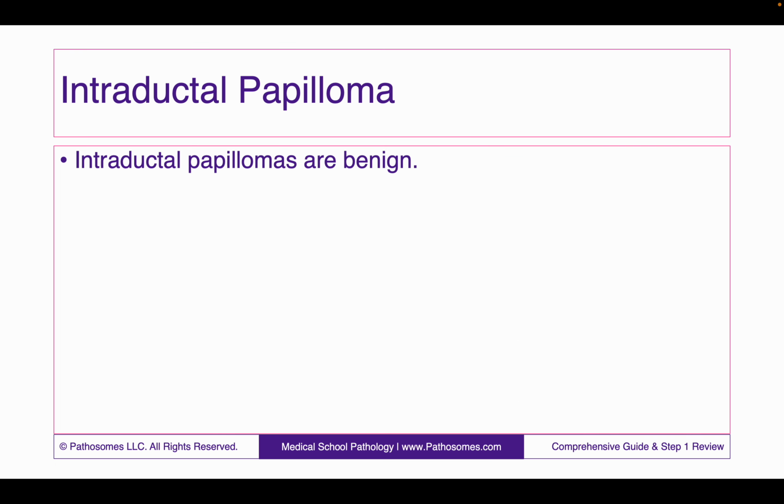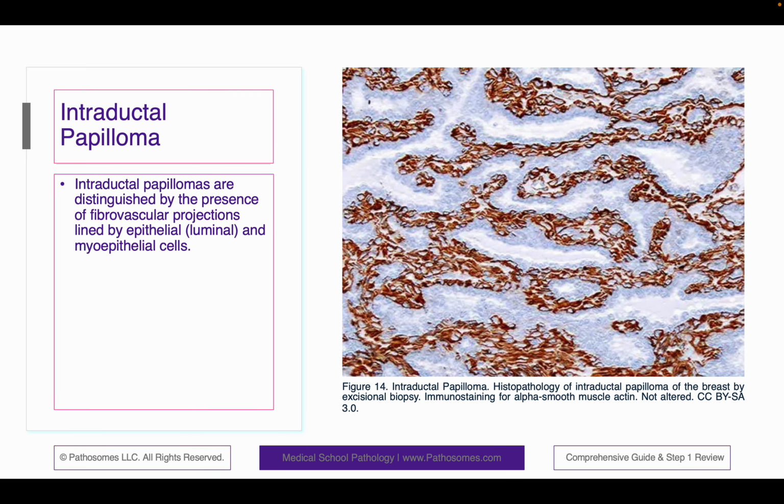Intraductal papillomas are benign. Isn't that lovely? And intraductal papillomas are distinguished by the presence of fibrovascular projections lined by epithelial and myoepithelial cells. To the right here, we can see the histopathology of an intraductal papilloma.